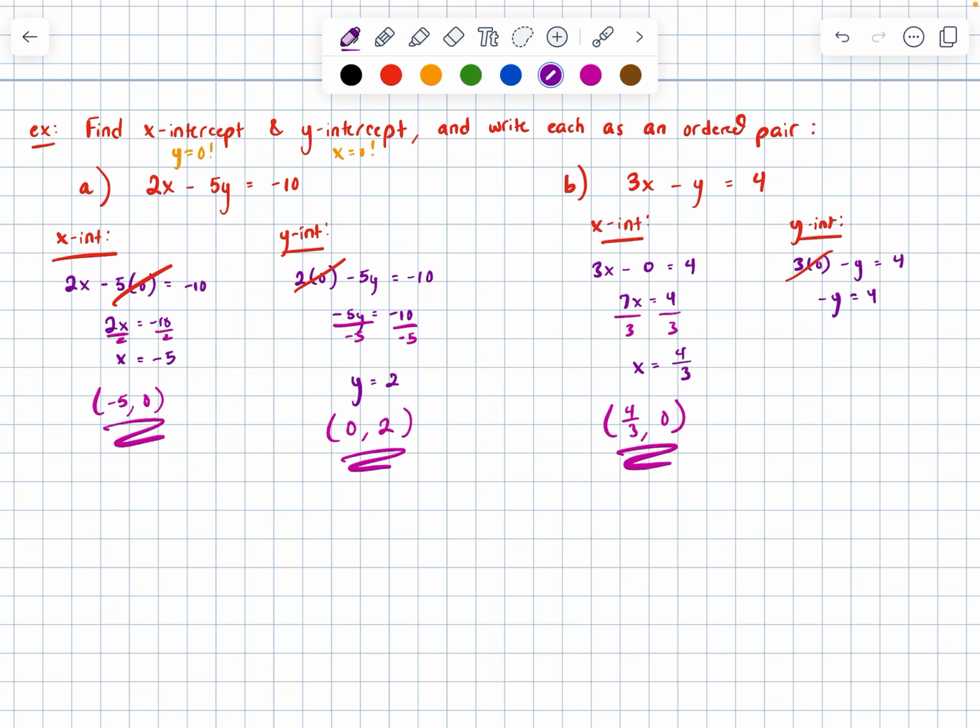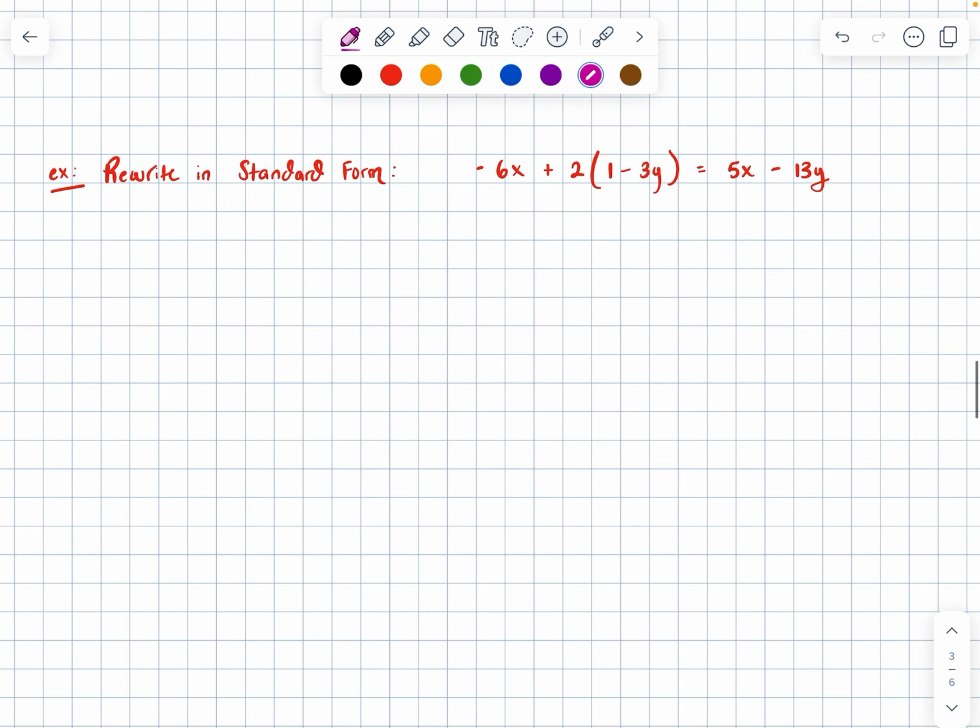Well, 3 times 0 is 0, so I know that negative y is equal to 4. If negative y is equal to positive 4, I want positive y by itself, so flip both of my signs. Positive y is equal to negative 4. So that tells me when x equals 0, y is equal to negative 4. There's my ordered pair. Fantastic.